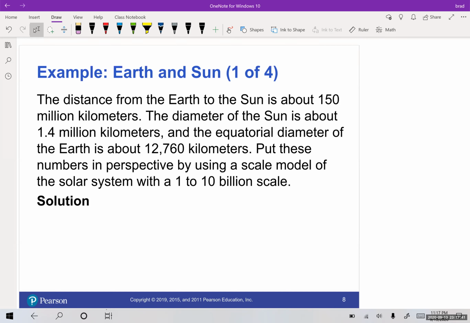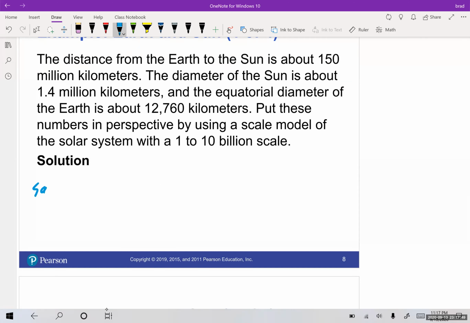Okay, so let's see here. Let's write scaled Earth to sun distance. Let's do this one first, okay?